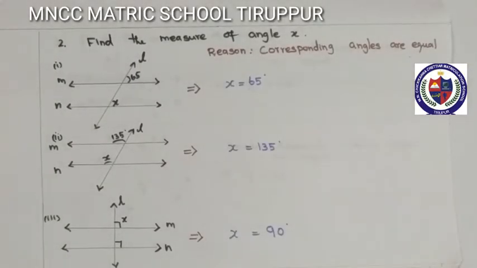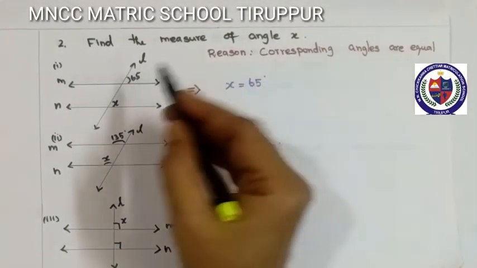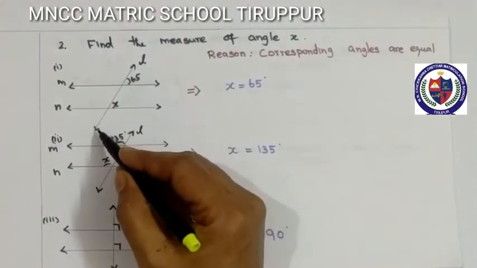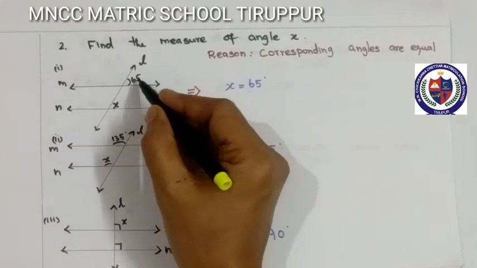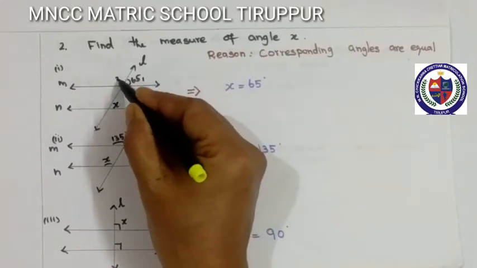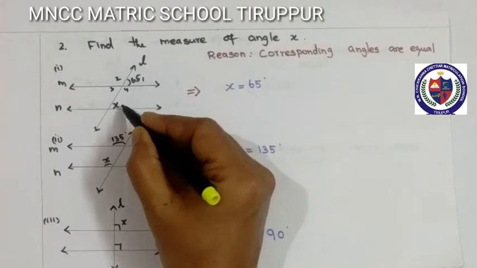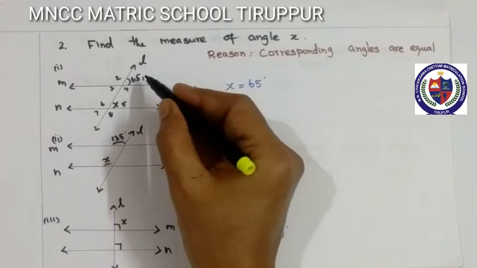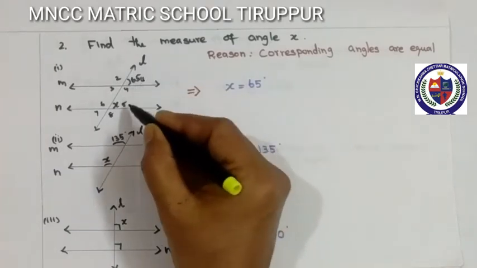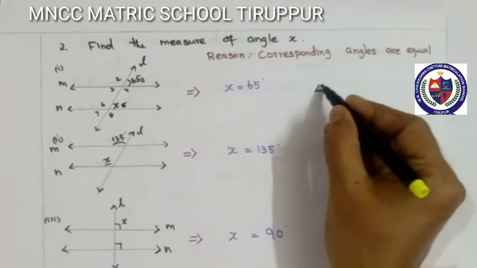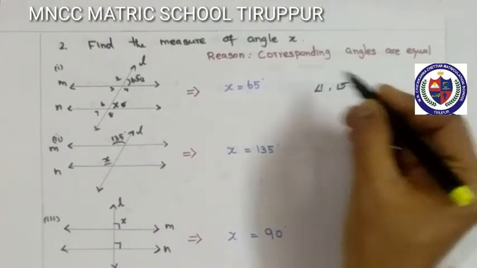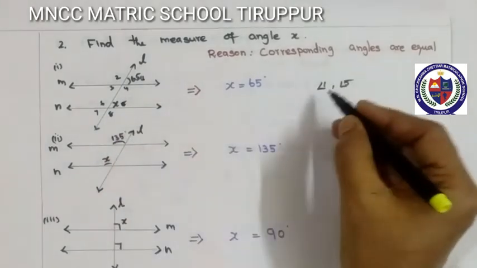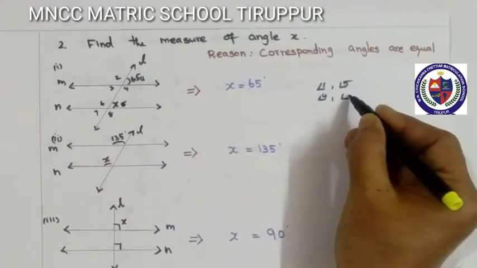Second sum, find the measure of the angles. M and N are parallel lines, L is the transversal. So eight angles form: angle 1, 2, 3, 4, 5, 6, 7, 8. Angles 1 and 5 are corresponding angles. 4 and 8 are corresponding angles.